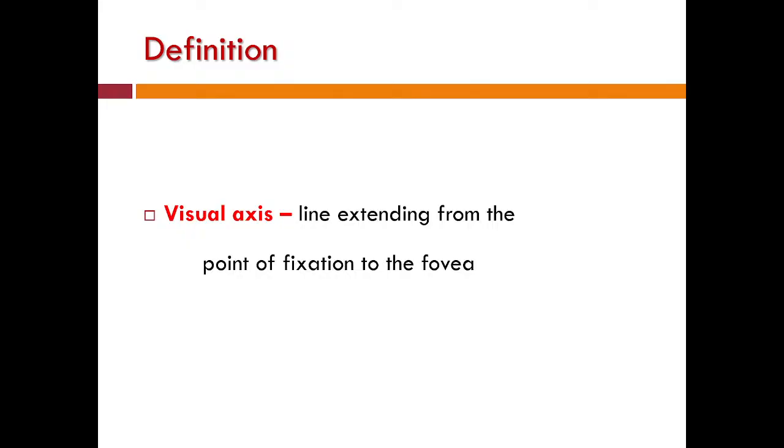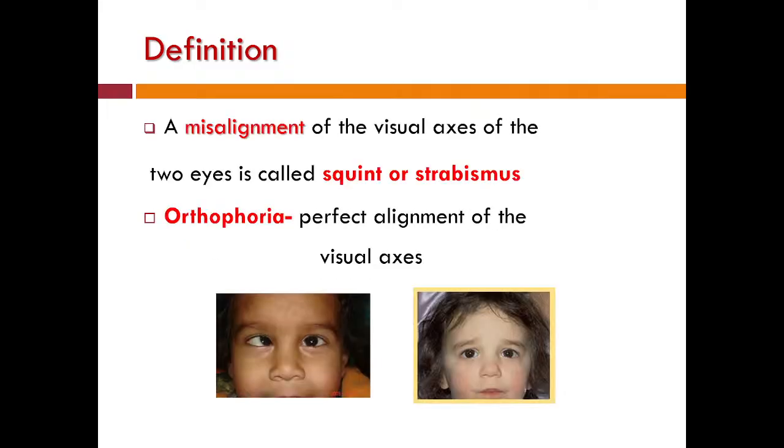Okay. So if the reflex is in the center in both the pupils, means the patient is fixing with both eyes on the object of interest, and the image is falling on the fovea. Like in this patient, you can see the reflex of the torch in both eyes in the center. Okay, so simple test, just throw the torch light.